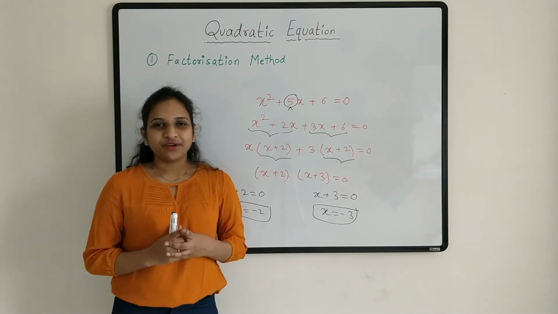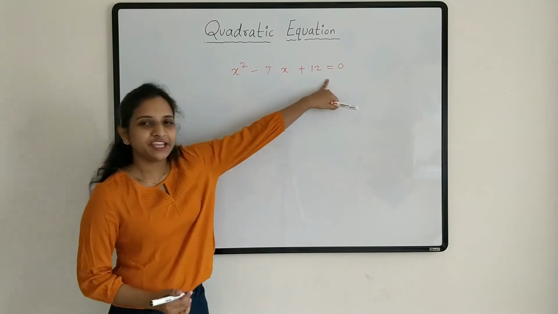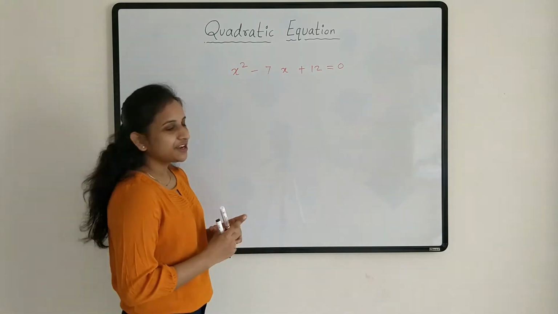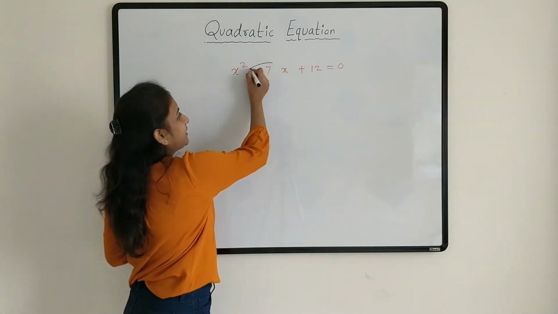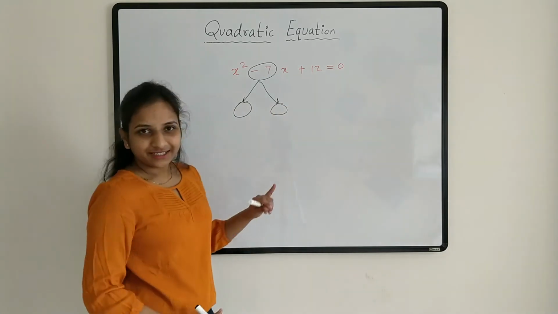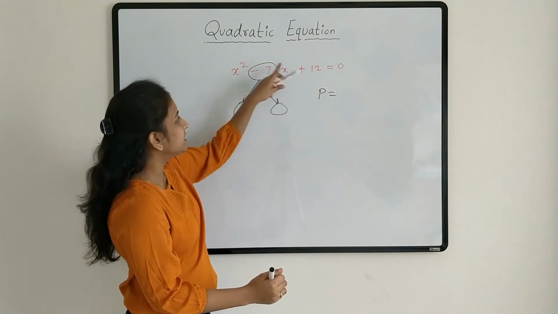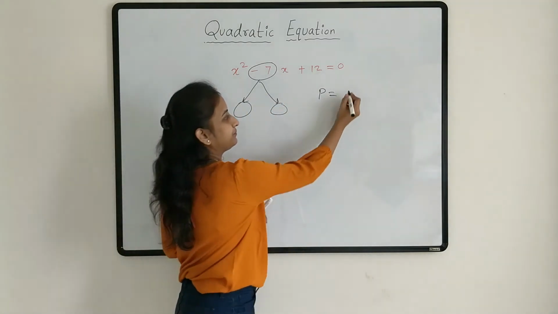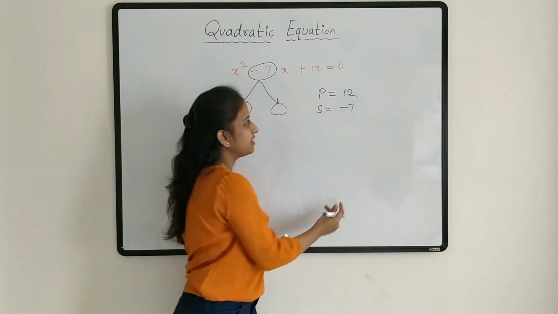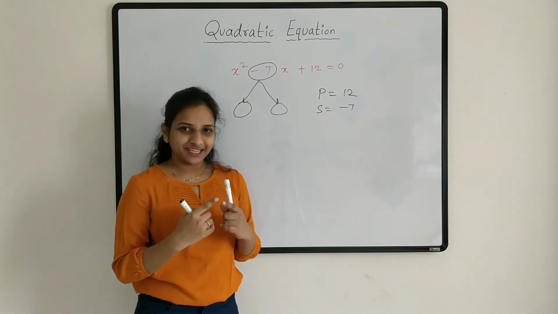Now let's solve a few examples. Let's find the roots of this quadratic equation by the factorization method. So what is our first step? We need to split the middle term into two numbers such that the product of these two numbers should be the constant times the coefficient of x² and the sum of these two numbers should be the middle coefficient. Finding two numbers, you should do the calculation in your mind.